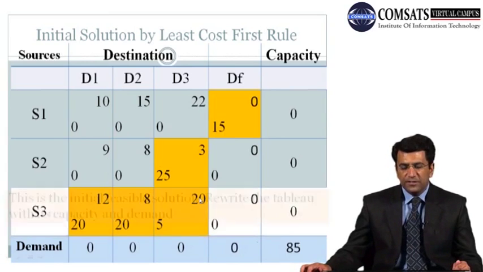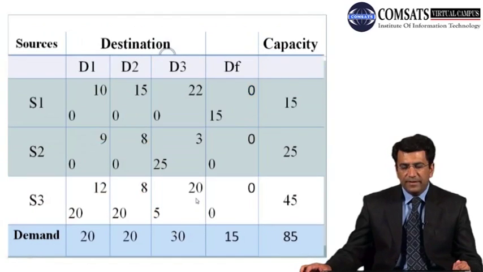So if we rewrite that demand and supply in this particular table, you can see how we have filled in this particular table by using that least cost method. And again after fulfilling this table, you'll have to check the totals for the rows and the columns.